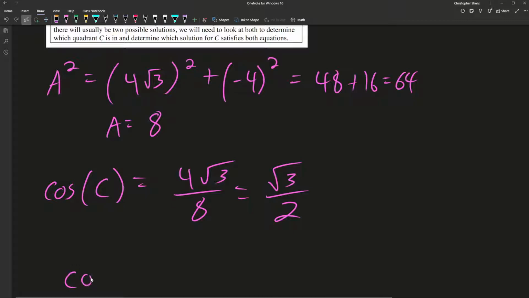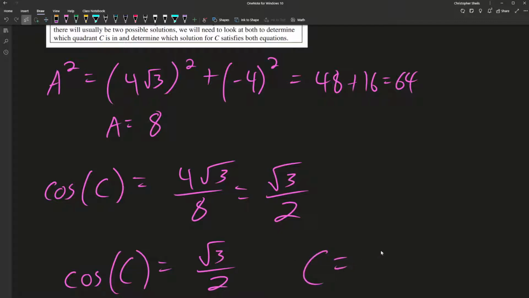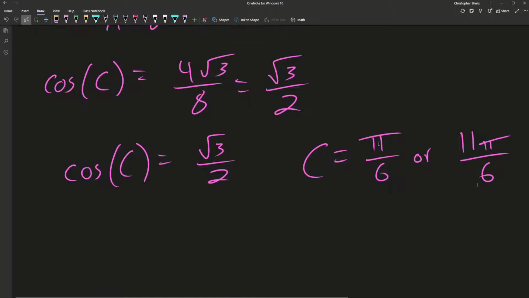So if cosine of c is square root of 3 over 2, there's a cosine value of square root of 3 over 2 at the angles pi over 6 or 11 pi over 6. Now I have to determine which of these is going to be my solution.